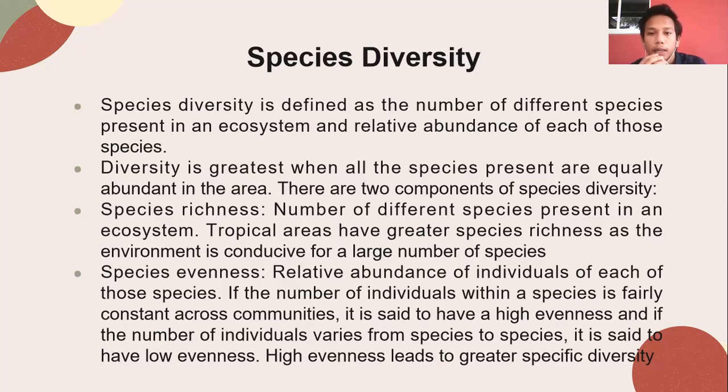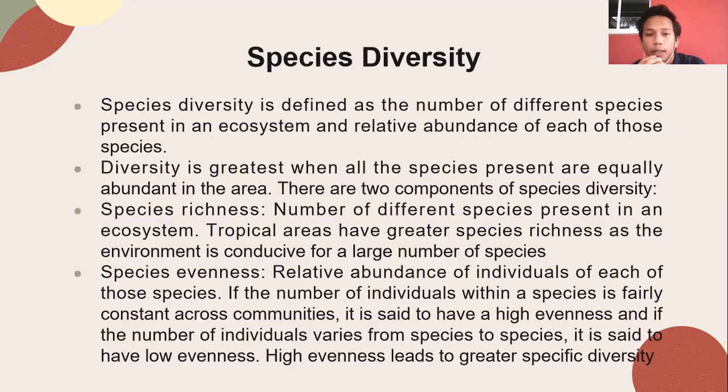Tropical areas have greater species richness as the environment is conducive for a large number of species. Species evenness is the relative abundance of individuals of each of those species.